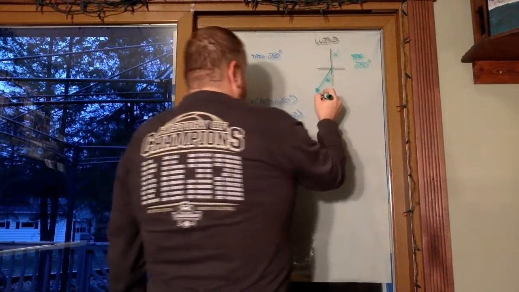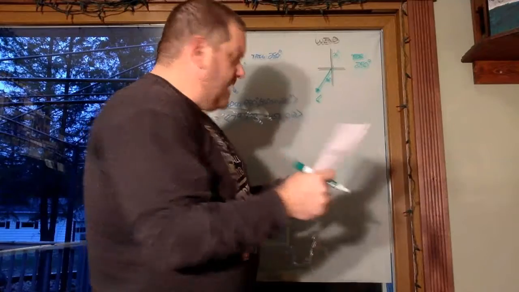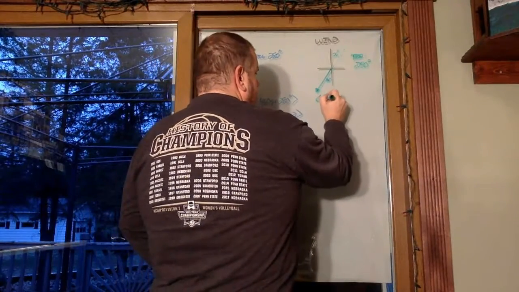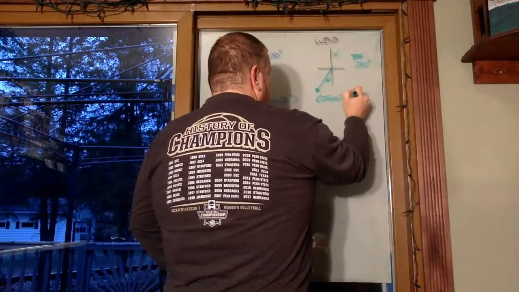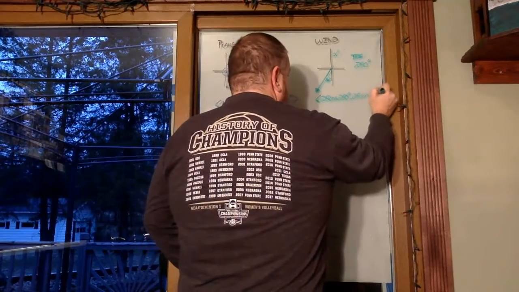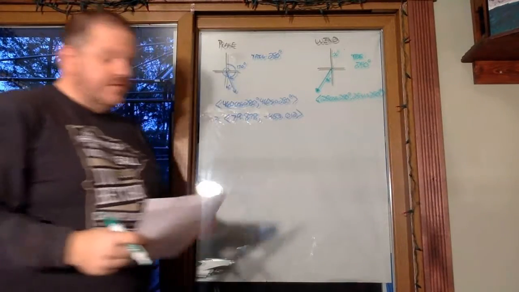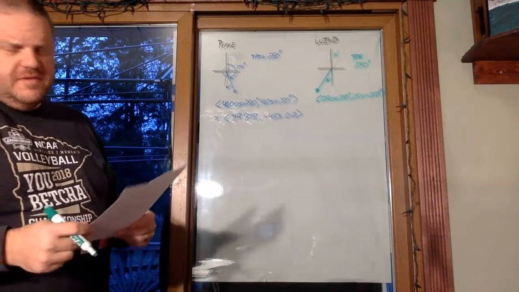Okay? So this vector then, it was blowing at 25 miles an hour. So that would be 25 cosine of 250, 25 sine of 250.